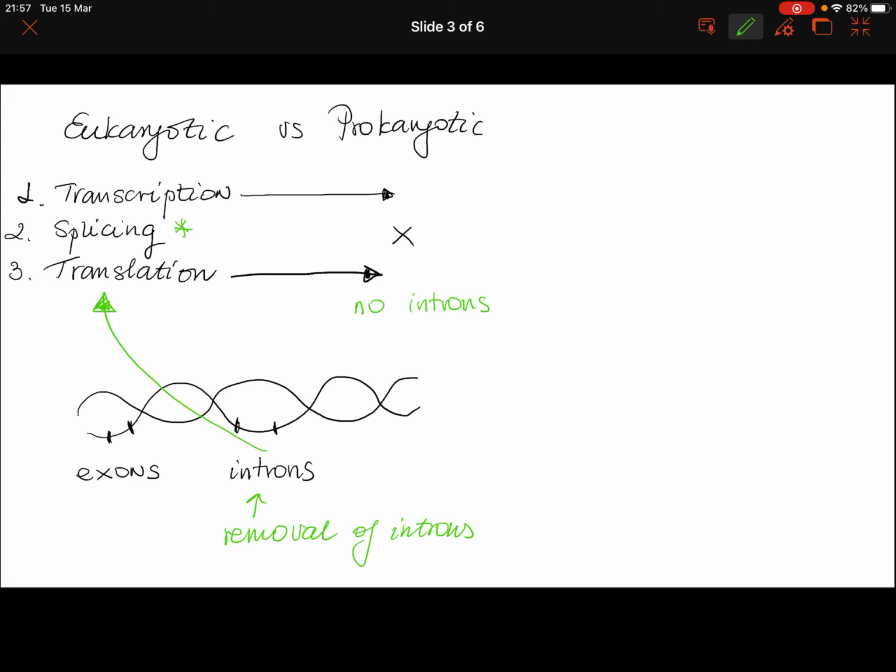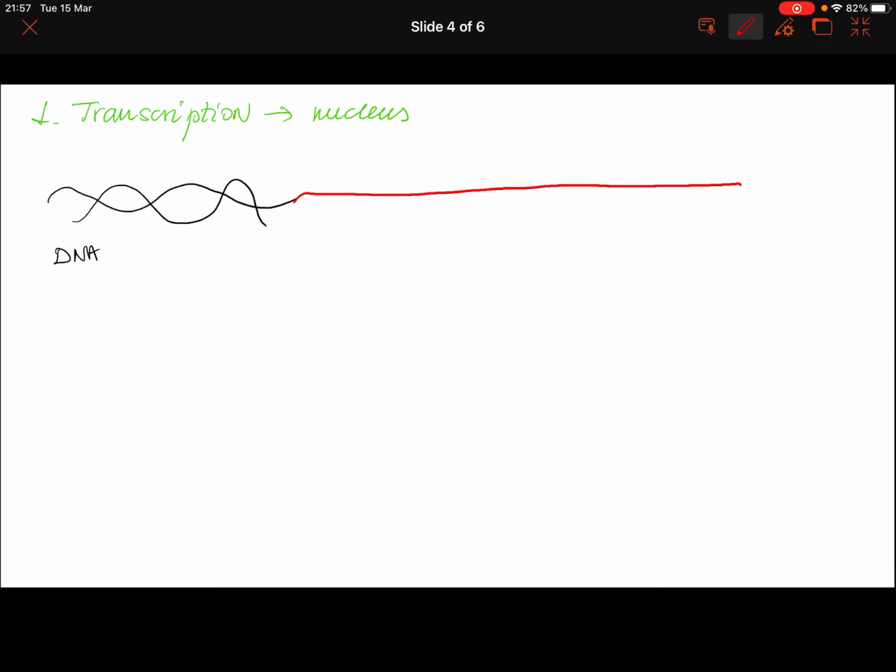So we will start with the process of transcription. First, transcription happens in the nucleus of the cell. The process of transcription begins with the DNA. We did say at the beginning of our video that in protein synthesis, in transcription, only one strand of DNA will act as a template.